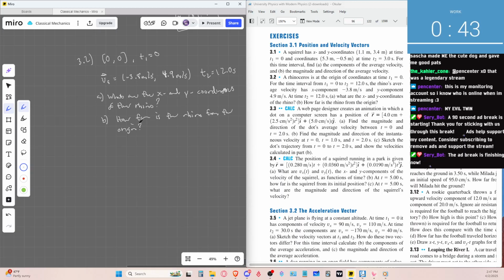Okay, so we have the velocity, which means we're going to have to integrate. And the initial velocity, I'm guessing, is 0. So I'll just write that there. Initial velocity is 0, 0.